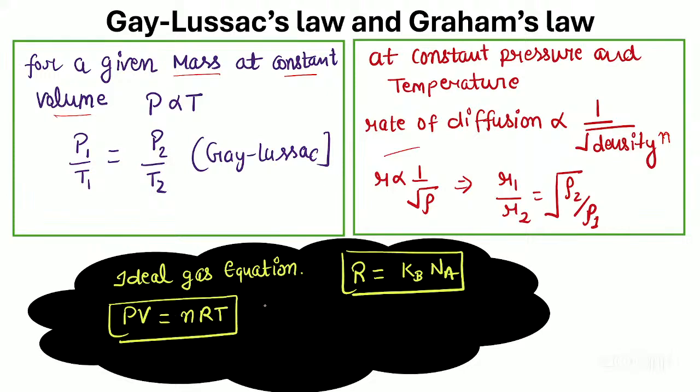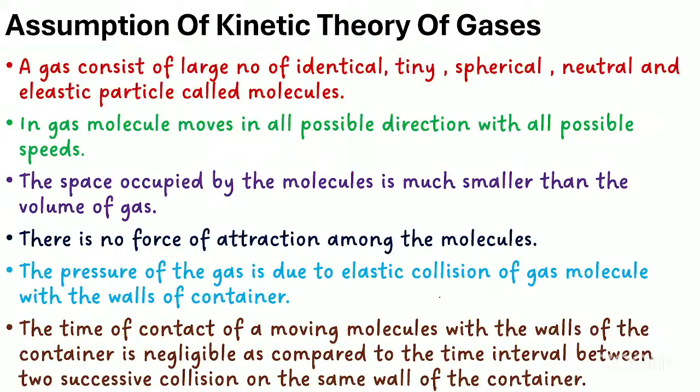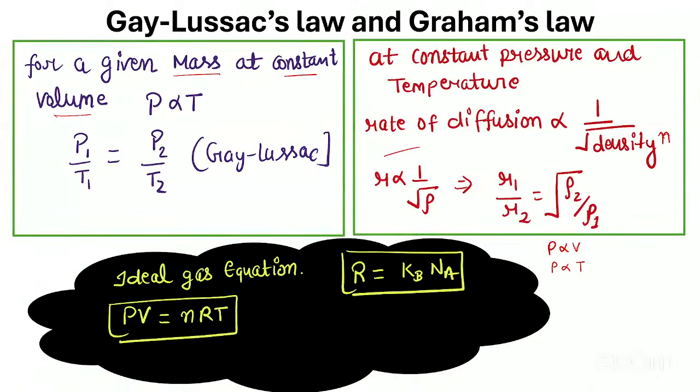Now, the ideal gas equation. If you take Boyle's law, Charles' law, and Gay-Lussac's law, P is directly proportional to 1 by V, and P is directly proportional to T. If you combine these laws, you get P is directly proportional to T by V, so PV is directly proportional to T. Now, if you remove the proportionality sign, PV becomes nRT. Here n is the number of moles and R is the universal gas constant.